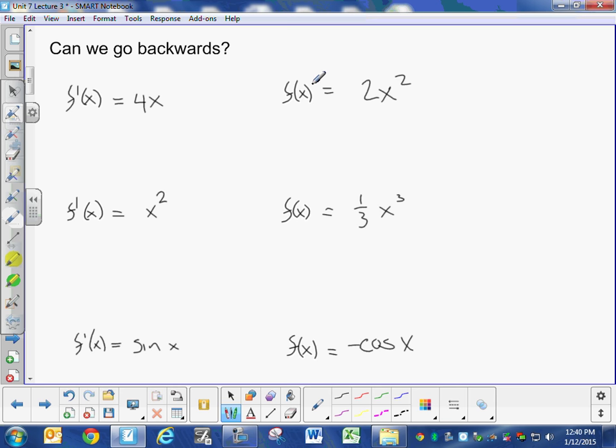There are other answers for the second one, and there are other answers for the last one. Anybody think about any other possible answers for any of those three? All right, it's going to blow your minds. Ready?